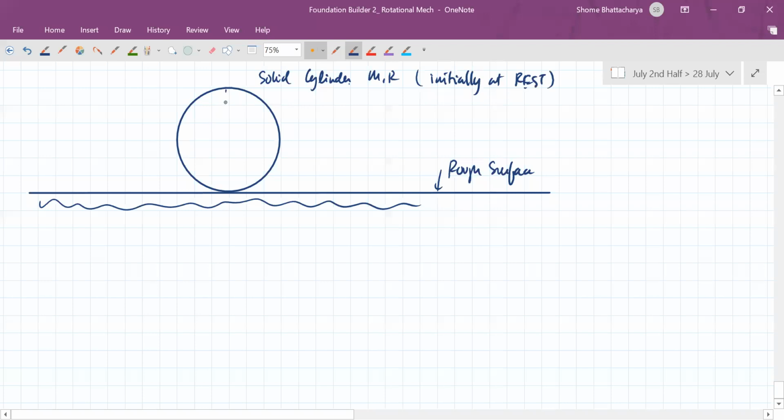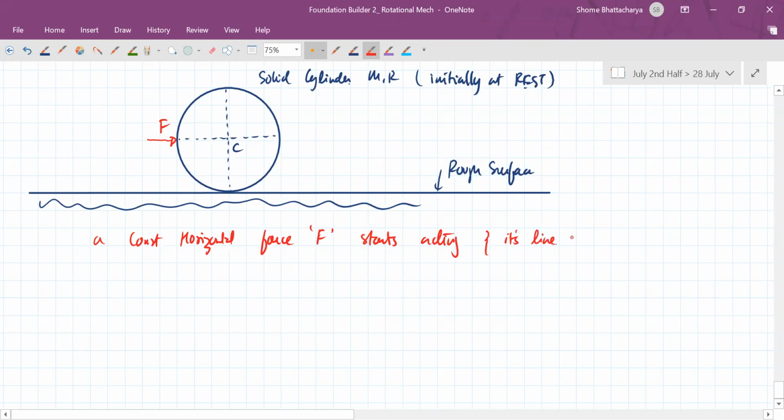Now what we do is from t equal to 0 onwards, we start pushing it horizontally. Instead of a sharp impulse this time, we start pushing it with a constant horizontal force such that the line of action of that force actually passes through the center of mass. So a constant horizontal force F starts acting.